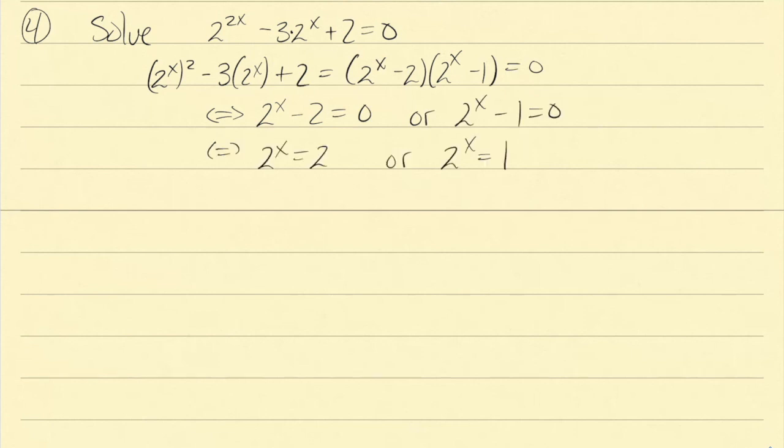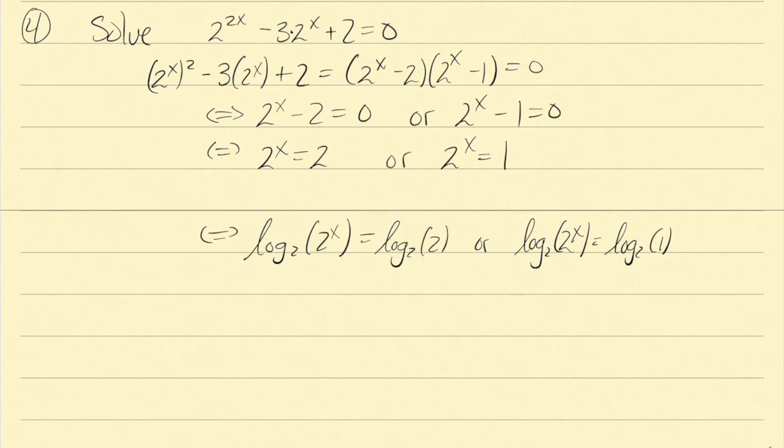Once we've factored this, we have two equations, 2 to the x equals 2 or 2 to the x equals 1. To solve for x, we can apply log base 2 to both sides. Since we can compute all of these logarithms, we have our answer. Either x is equal to 1 or x is equal to 0.